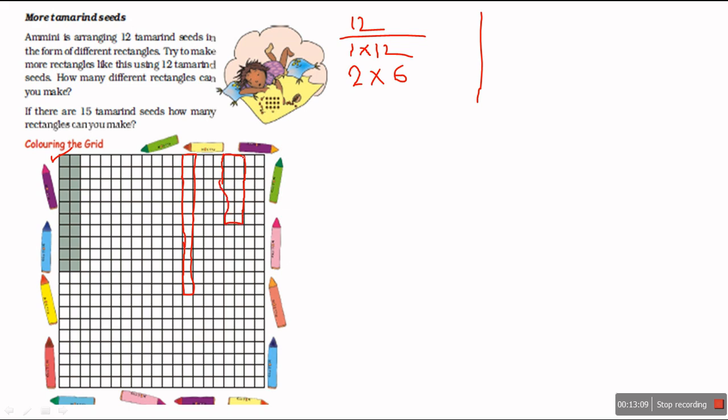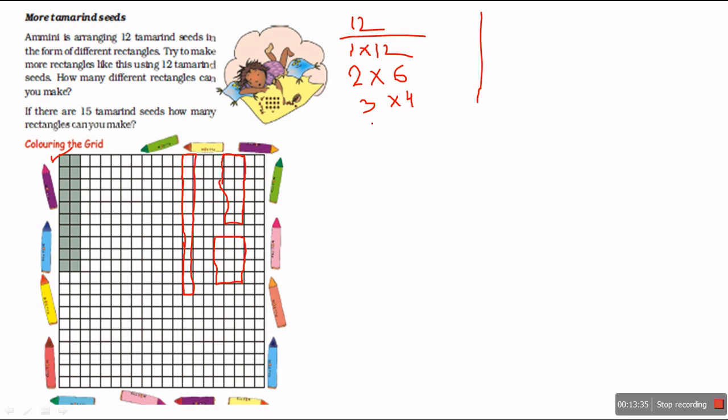If we draw with the scale, a straight line will be there, then a straight rectangle will be there. So in this way, I can make 2 into 6. Then 3 into 4. Now I will take 3 lines and 4 lines: 1, 2, 3, 4. So this kind of rectangle can be formed.